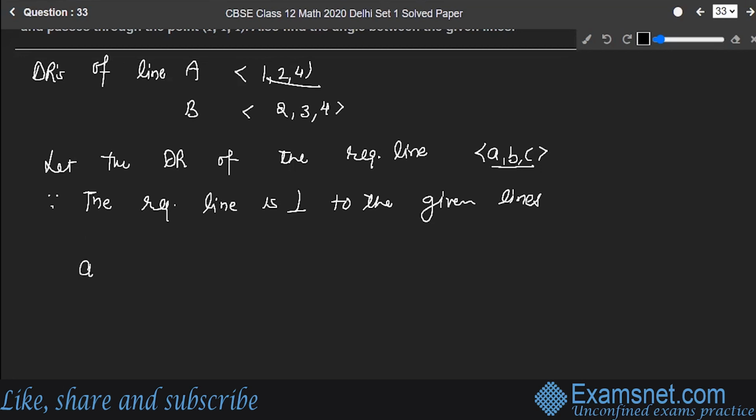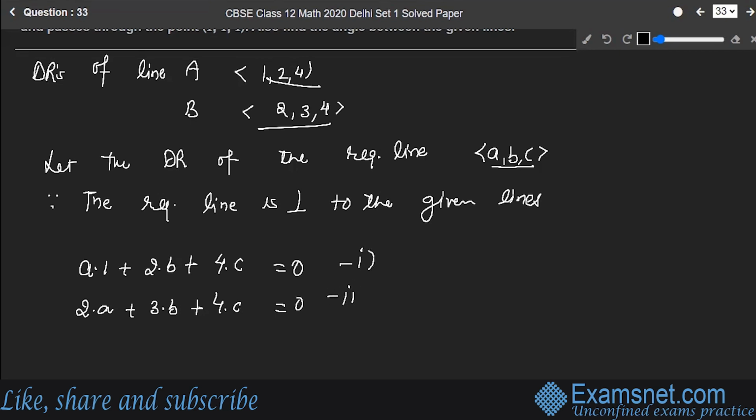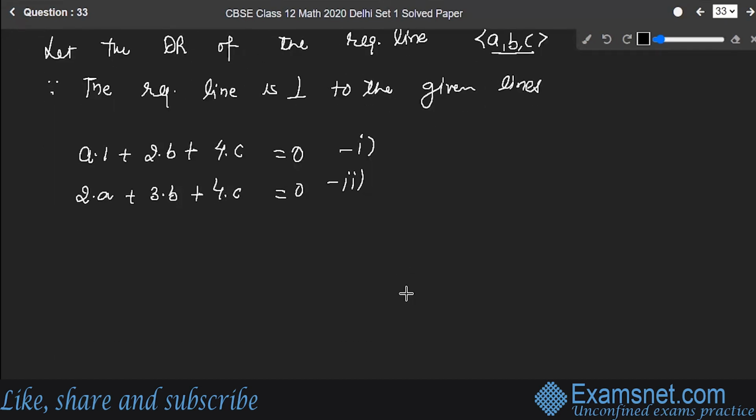So a into 1 plus 2 into b plus 4 into c is equal to 0. Also for this, 2 into a plus 3 into b plus 4 into c is equal to 0. Let's say this is number 1 and number 2. Okay. Now let's solve for a, b, c from 1 and 2 simultaneously by the cross multiplication method.